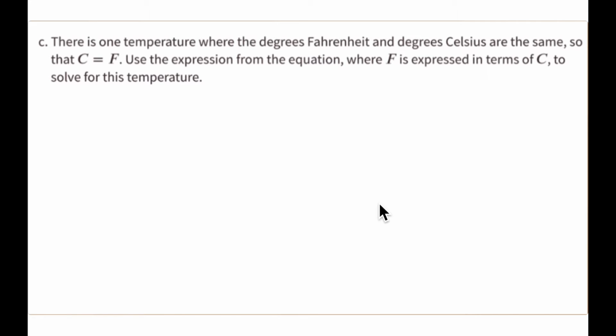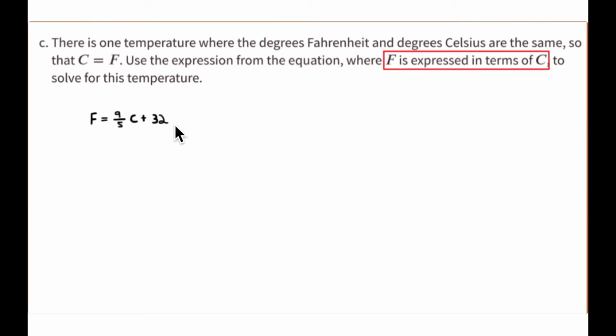Part C was interesting to me in that I did not realize that there was one temperature where the degrees Fahrenheit and the degrees Celsius were equal. The equation for that relationship is that Celsius equals Fahrenheit. The directions say to use the equation where degrees Fahrenheit is expressed in terms of degrees Celsius to solve for this temperature.